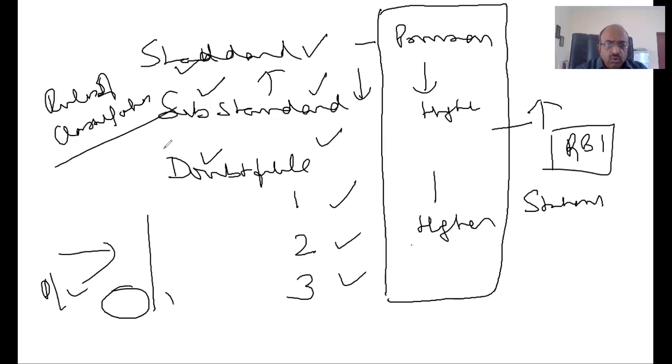So we will look at what these categorizations are, how it is defined as substandard and how it goes to doubtful. But you need to just get an overview of the reason for this classification, because provisioning rates are different, and how it has to be classified under different categories. These are what we will look at. Okay.